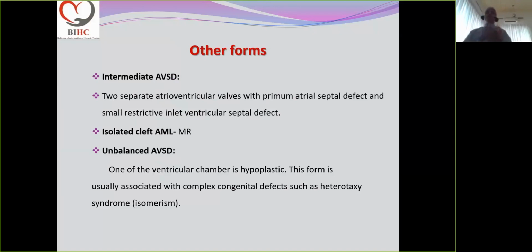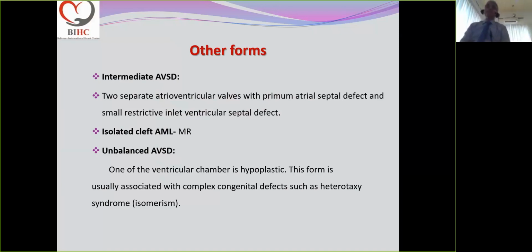Less commonly, we could have an isolated cleft of the anterior mitral leaflet. Very uncommon, but when you see severe mitral regurgitation in a child, you tend to think of rheumatic heart disease. But if you have no reason to think of rheumatic heart disease, in any case, when you see mitral regurgitation, you need to look for congenital etiologies. One of the reasons is a cleft in the anterior mitral leaflet.